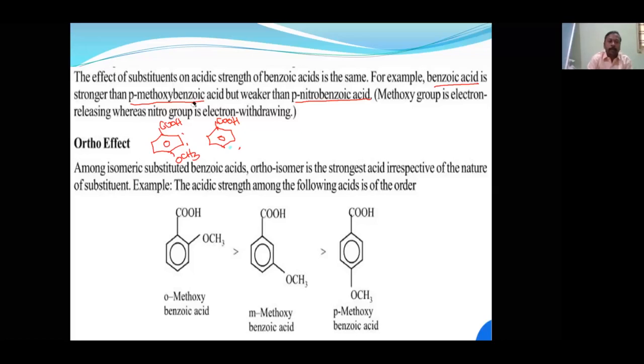This is benzoic acid. Now let us see the next one. So COOH, and here it is para nitro. So which is more? This is more, this is less, because this is ERG. What is this? Electron releasing group. Note down this ERG, electron releasing group. NO2 is electron withdrawing group.